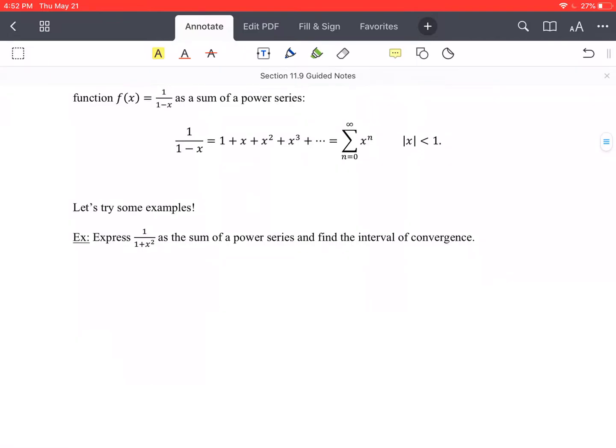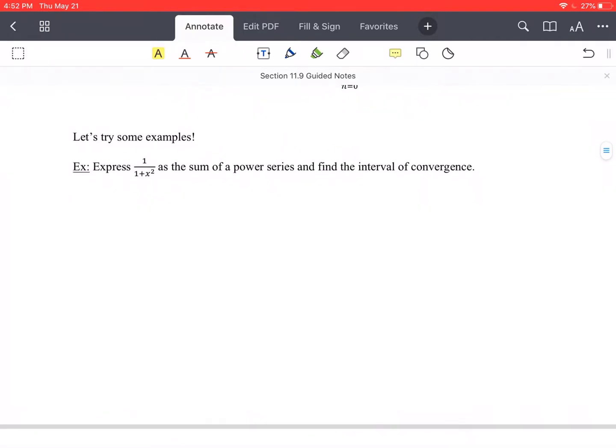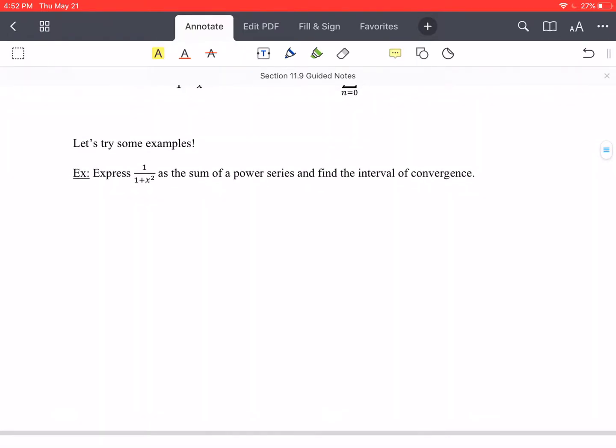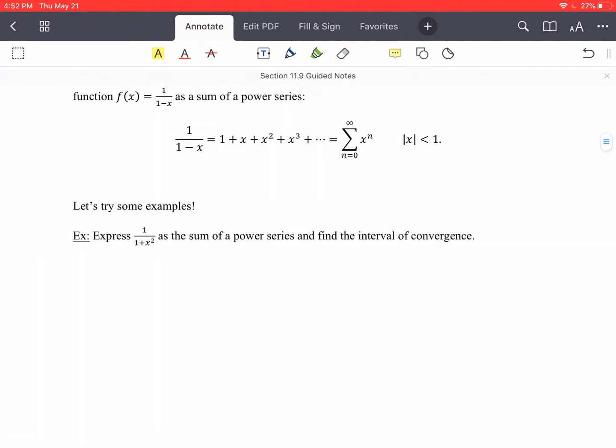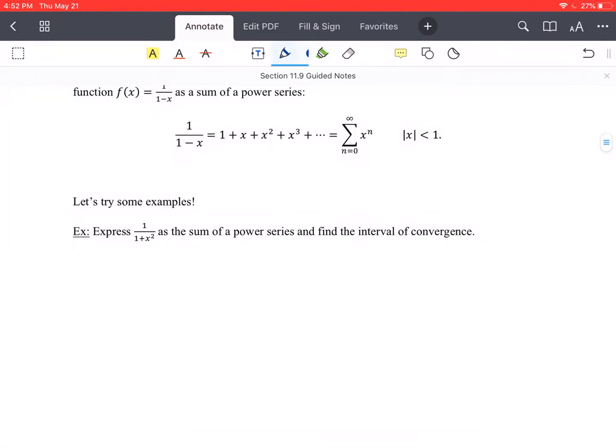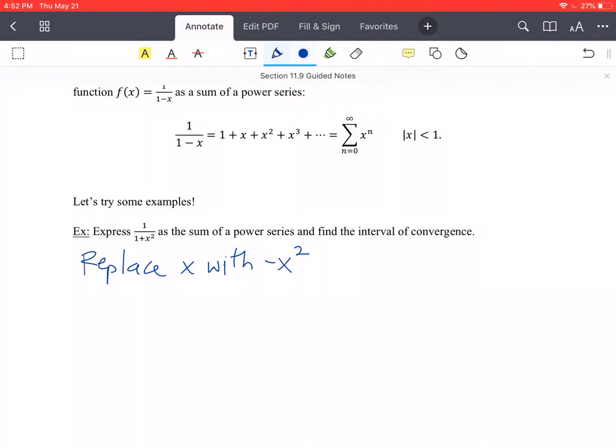Express the function 1 over 1 plus x squared as the sum of a power series and find the interval of convergence. I'm going to try to relate this to the one that we were just working with, 1 over 1 minus x. If we replace x with negative x squared, we're going to get the following.